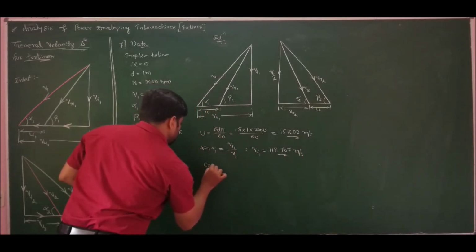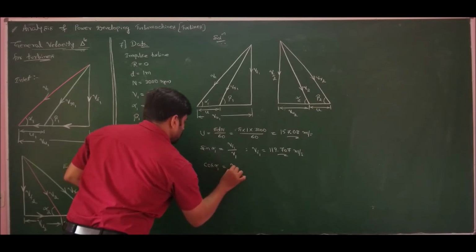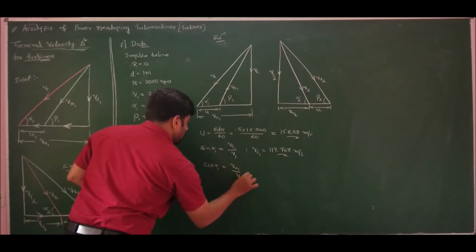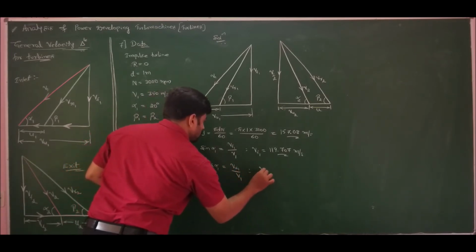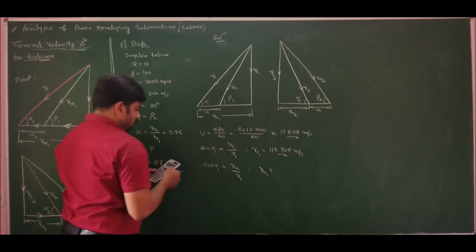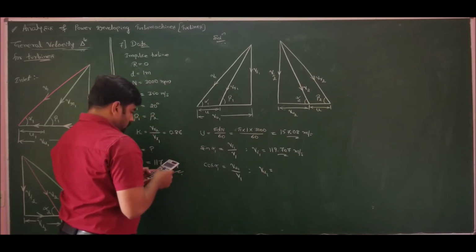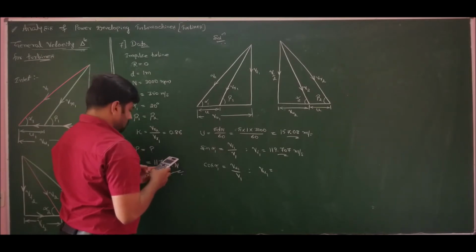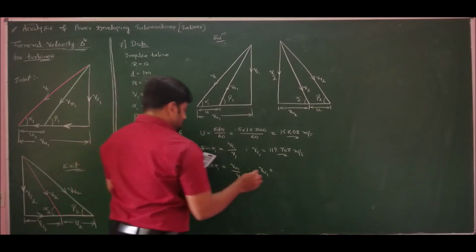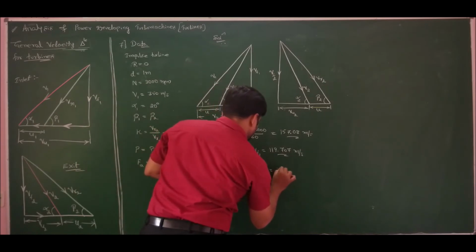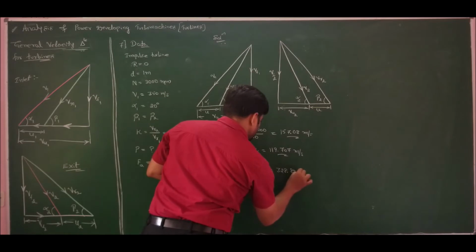Using cos alpha 1 is Vu1 by V1, so Vu1 will be V1 cos 20 degrees, which is equal to 328.89 meters per second.